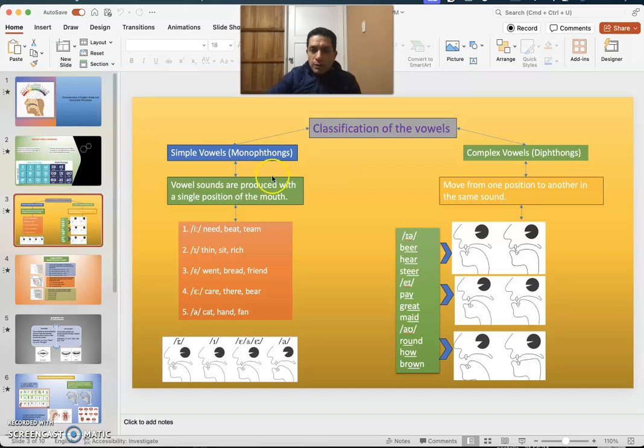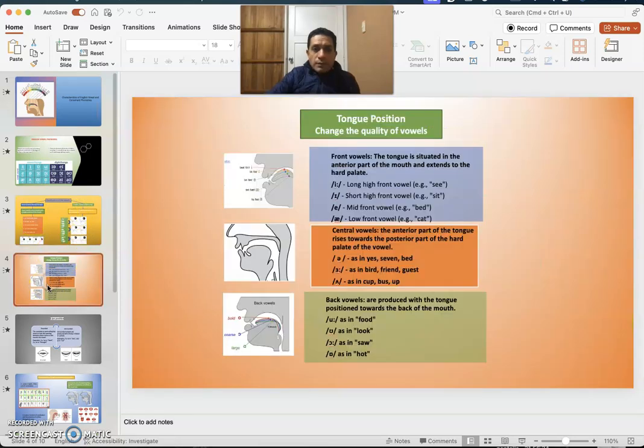Here you have many examples with their respective phonemes, and I have underlined the gliding action of the diphthongs. Let's move on to the next slide.